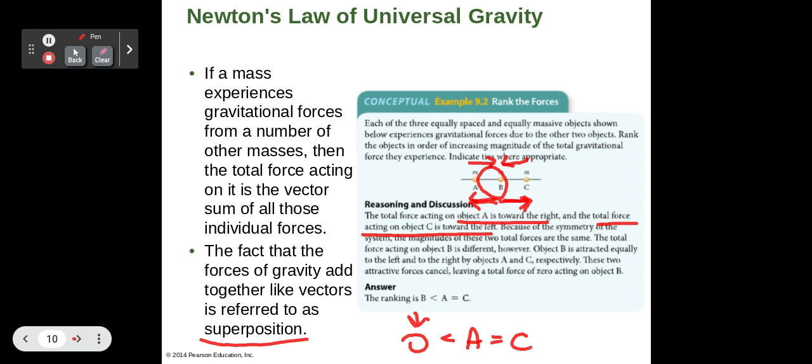They're not going to cancel out because they're not going in opposite directions. Okay, so hopefully you can see from my little diagrams here that these are going towards the same point. Okay, so they're going to be equal forces. But here, that attraction is going in the opposite direction, so it cancels out. Okay, all right.